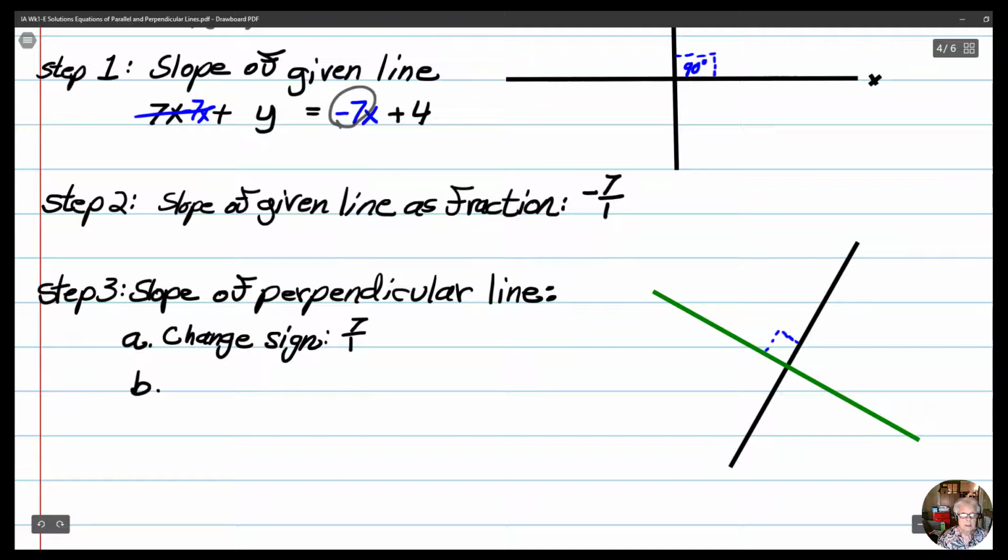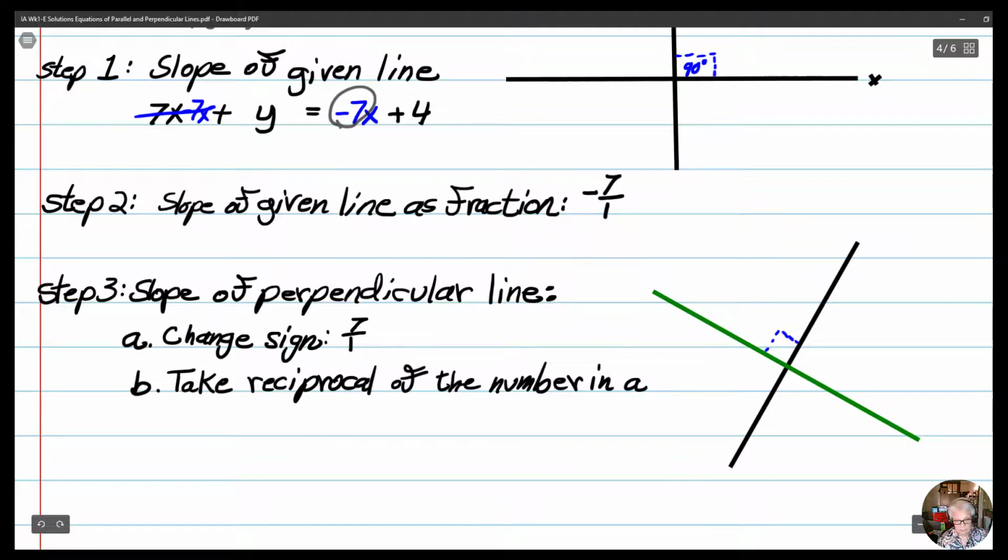B, write the reciprocal of the number in A. It's going to be 1/7.